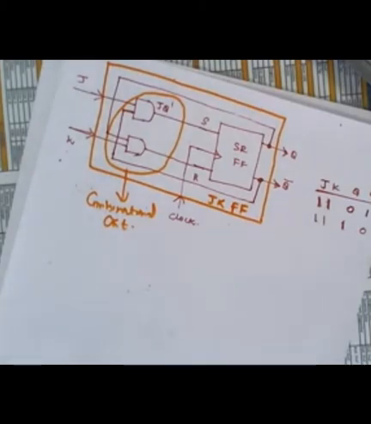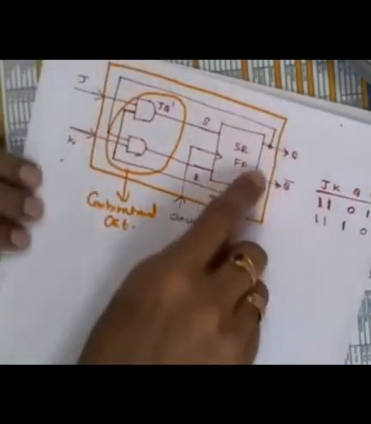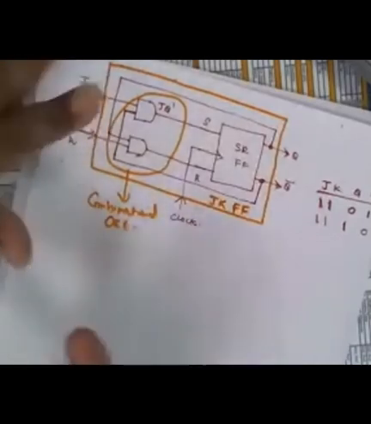To realize the JK flip-flop, I incorporated one circuit. The circuit generates the suitable input for the SR flip-flop, to make it function not as an SR flip-flop but as a JK flip-flop. But if you go to the micro level, this unit alone always acts as an SR flip-flop only.